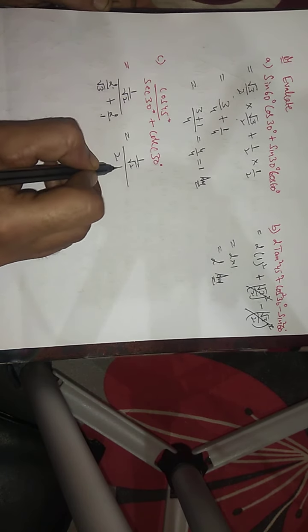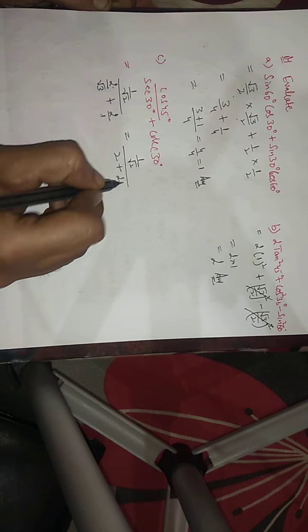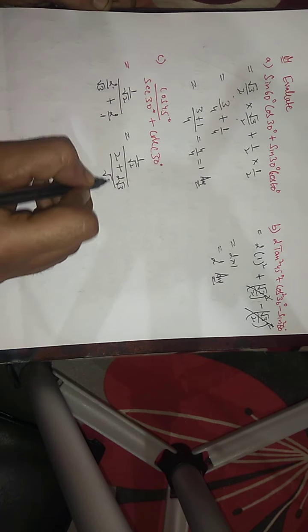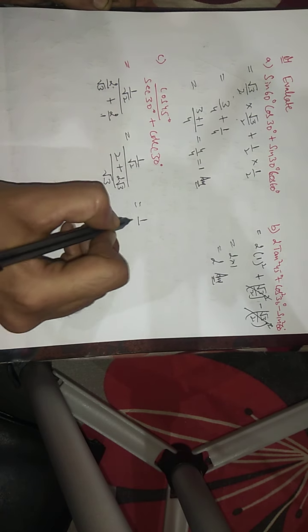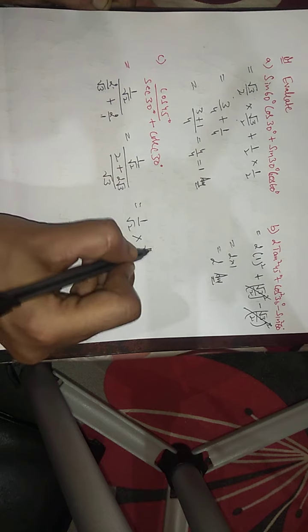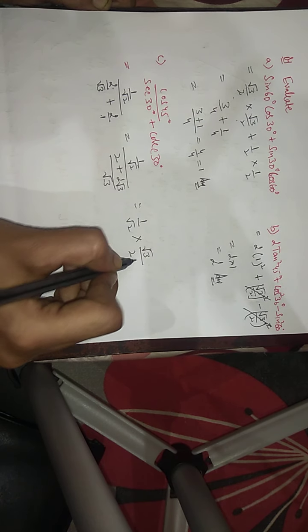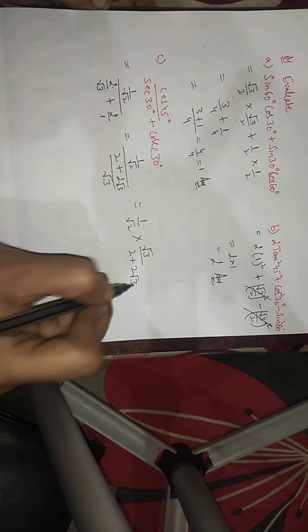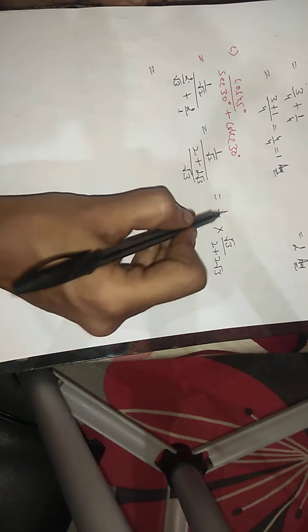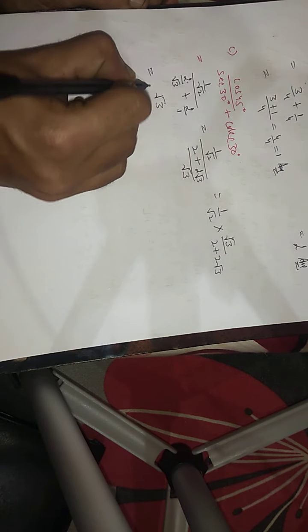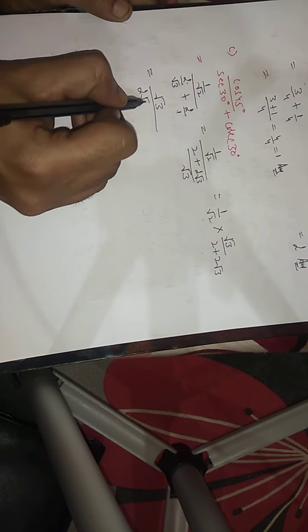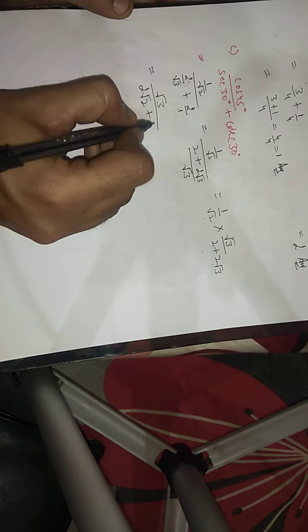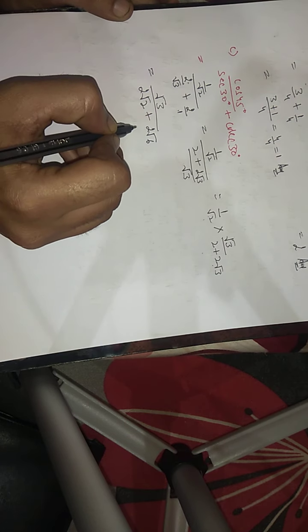2 into 1, 2, 2 into root 3, 2 root 3, divided by root 3. As we know, we cannot divide the fraction, so it's 1 upon under root 2 into root 3, divided by 2 plus 2 root 3. Now let's multiply it. Root 3 into 1, root 3, upon 2 into root 2, 2 root 2, 2 root 3 into root 2, 2 root 6.